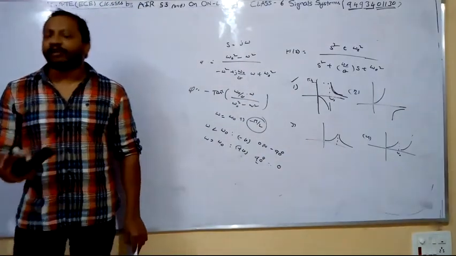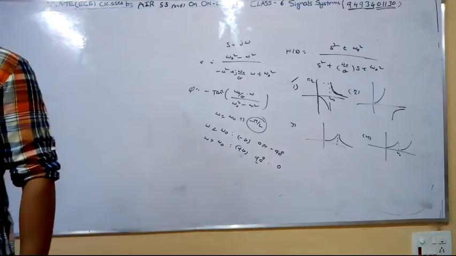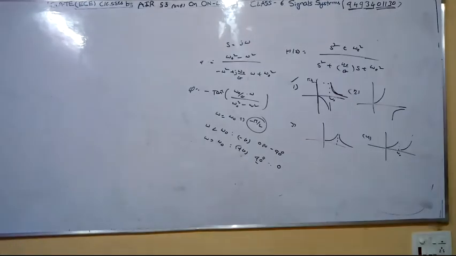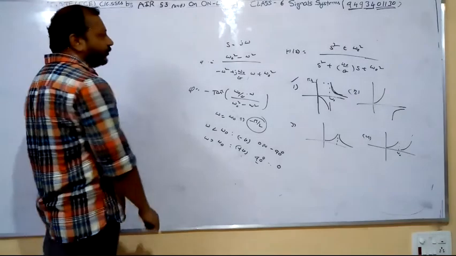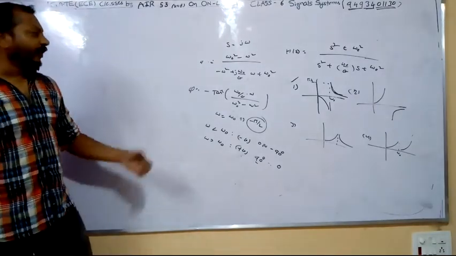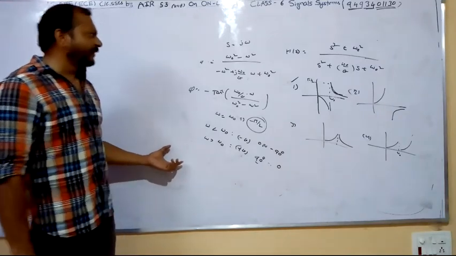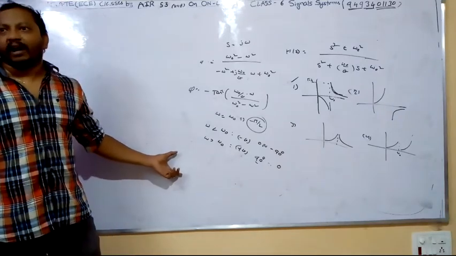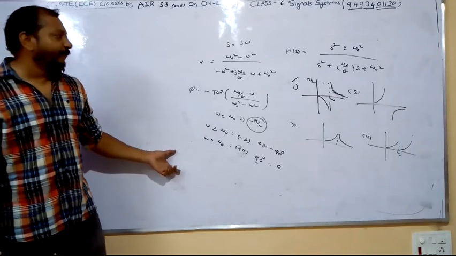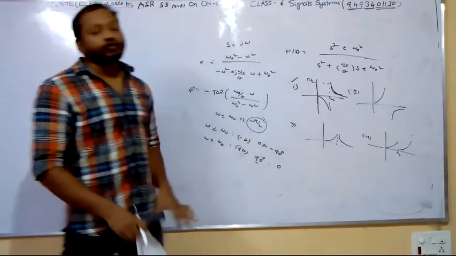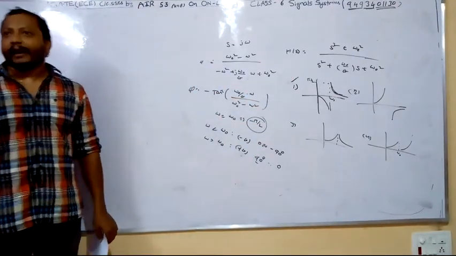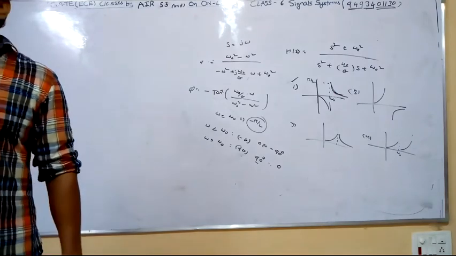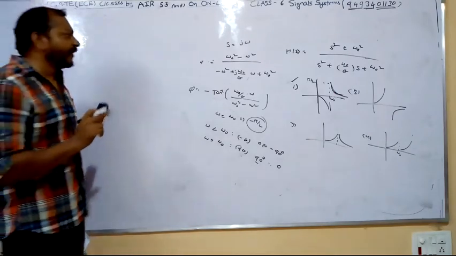For any question, you have to write down the expression for the phase. If they ask you what is the magnitude characteristics or phase characteristics of the function, just write down the corresponding magnitude and phase, and by substituting various values of omega, analyze the given graph. Not only for this question, throughout the ECE, for any graph-based question, you have to be very careful.